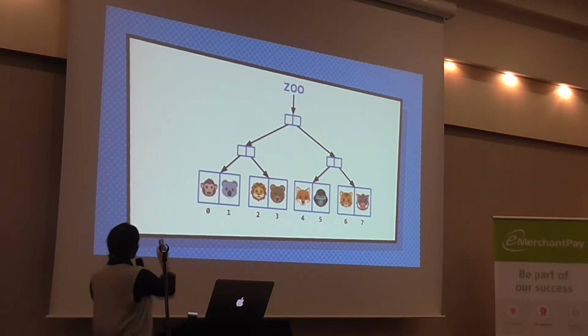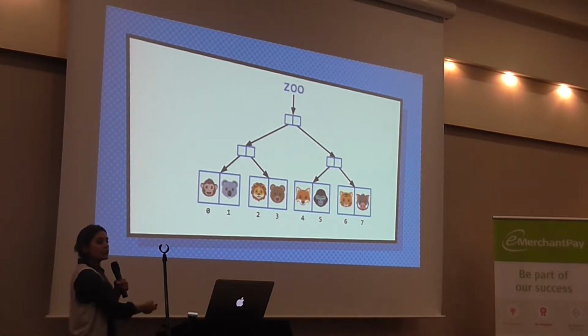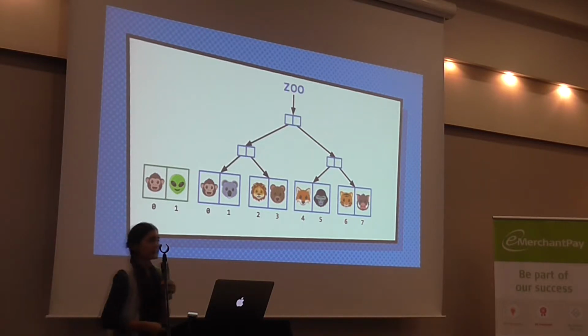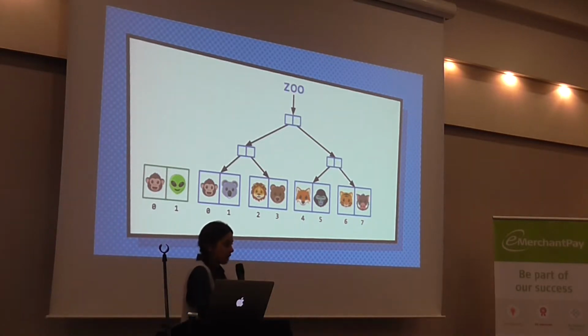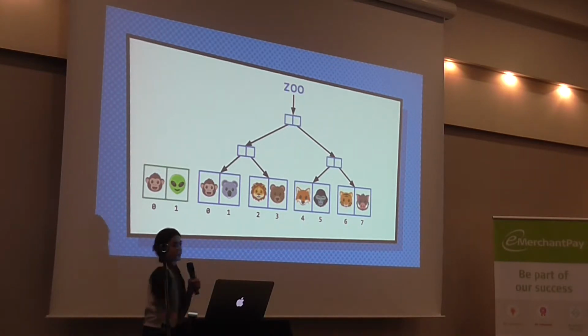So in this case, if I want to update the value at 1 from a koala to an alien, I'm going to make a new leaf node that's a copy of the 0, 1 leaf that still has that monkey at 0, but now has an alien at 1. So I did have to do a little bit of extra copying, but much less. I didn't have to copy any of the other animals that didn't change.